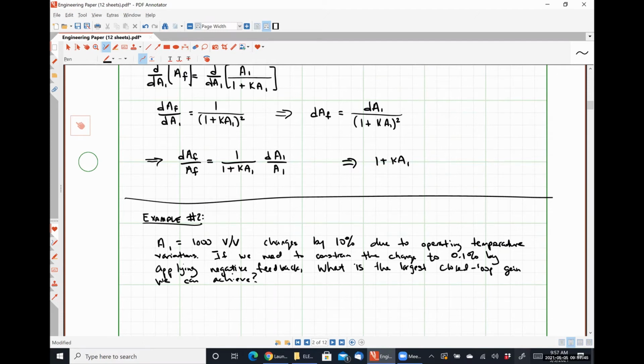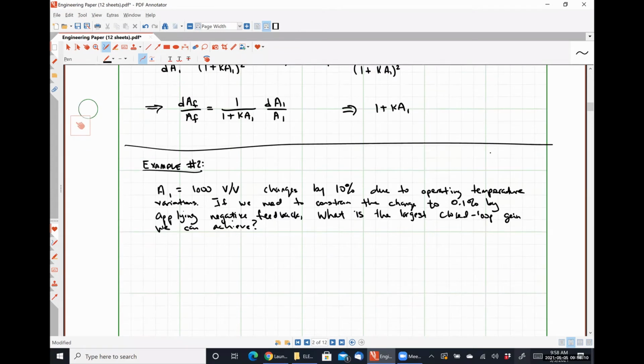We have an open loop gain of 1,000 volts per volt, but we know that it's going to vary by up to 10% as the temperature increases. If we want to minimize that variation by applying negative feedback, we should expect to see a trade-off, right? If the variation is reduced, we should expect to see the closed loop gain reduce as well. All right.